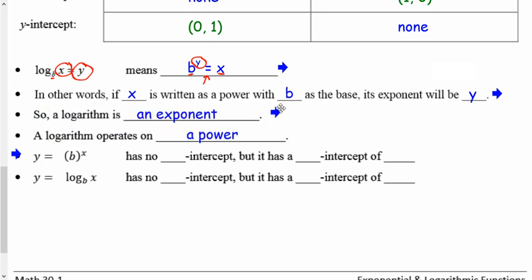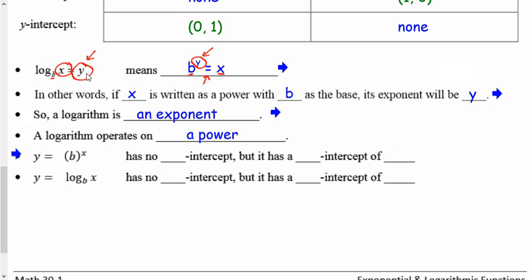So here I have y equals the logarithm. Here I can see the y in the exponent, so the logarithm is an exponent. What's the logarithm operating on? Well, here it's operating on the x, but here I can see that the x is equal to a power. So a logarithm operates on a power, and it is an exponent.